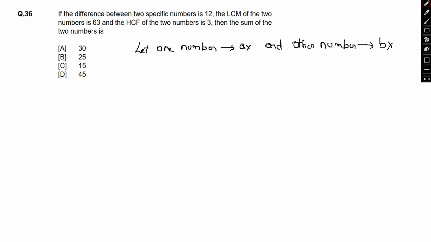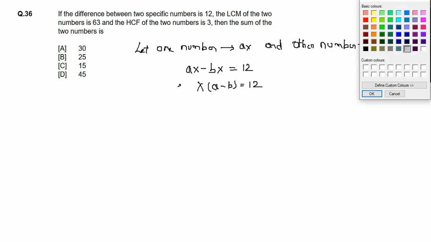Okay, so what's given? It's given that their difference is 12, so we can write ax minus bx is equal to 12. So x common, a minus b will be 12. Okay, so this is what we have.